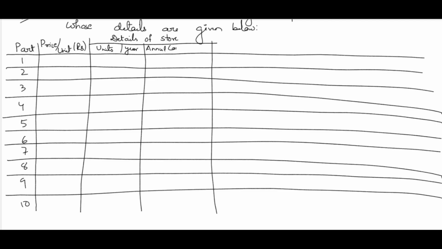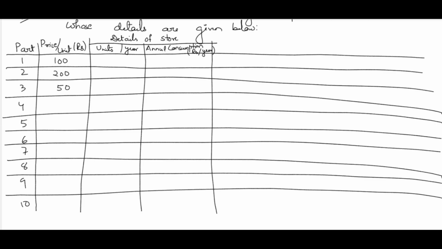Now you have to compute, starting with the first step, annual consumption value in rupees per year. So what you have to do, you have to multiply unit price with number of quantities.